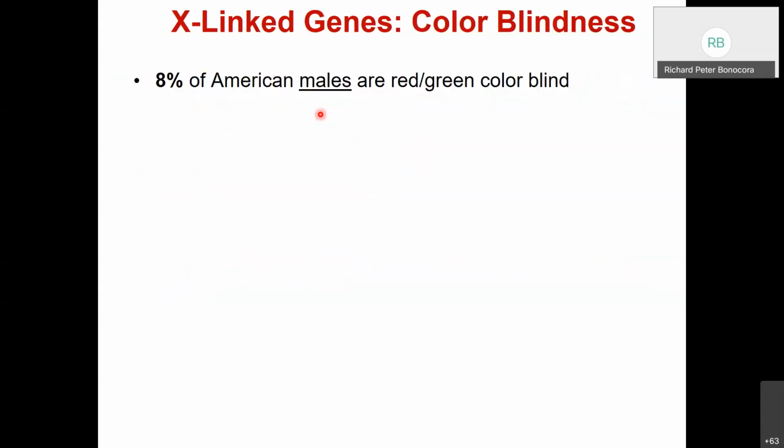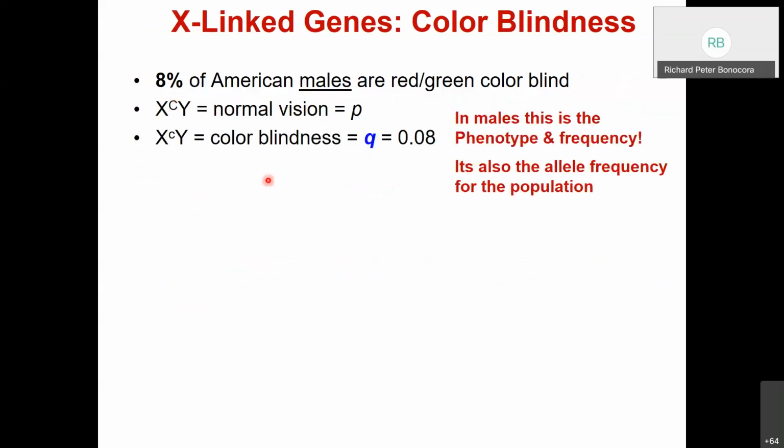Okay, so a classic example of an X-linked gene is color blindness. In American males, 8% are red-green colorblind. We'll designate the uppercase C for normal vision and lowercase c for color blindness.